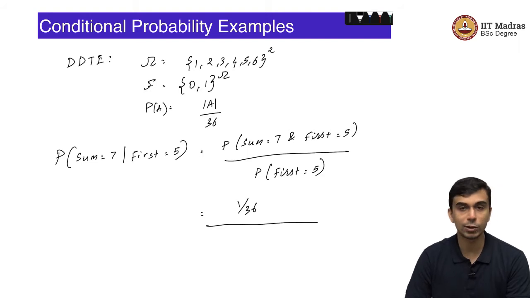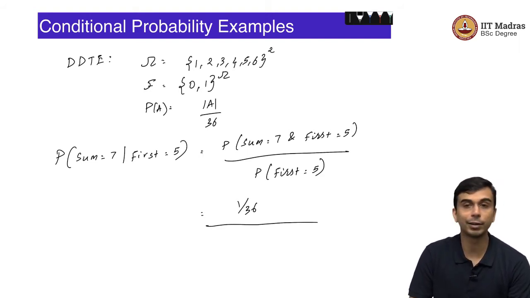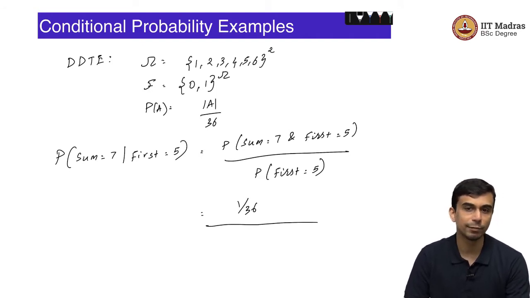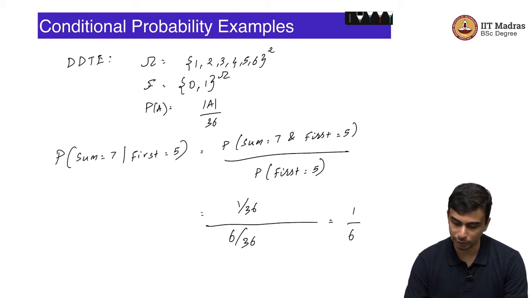What about the denominator? What is the probability that first equals 5? How many outcomes are there where the first die throw is 5? Well, that's (5,1), (5,2), (5,3), (5,4), (5,5) and (5,6). So there are 6 outcomes, all of which are equally likely. So we have 6 by 36 as the probability in the denominator, and 1 by 6 as the answer here.